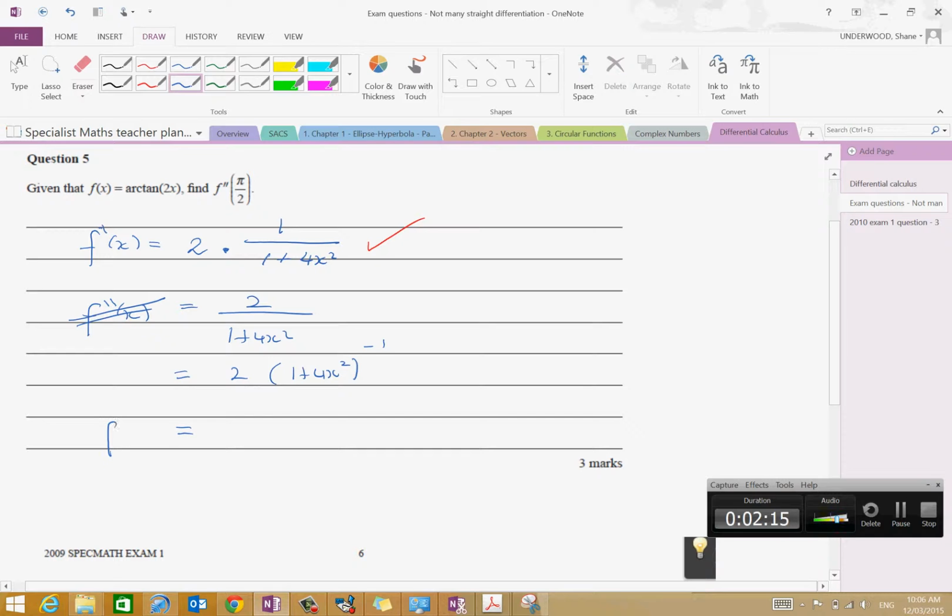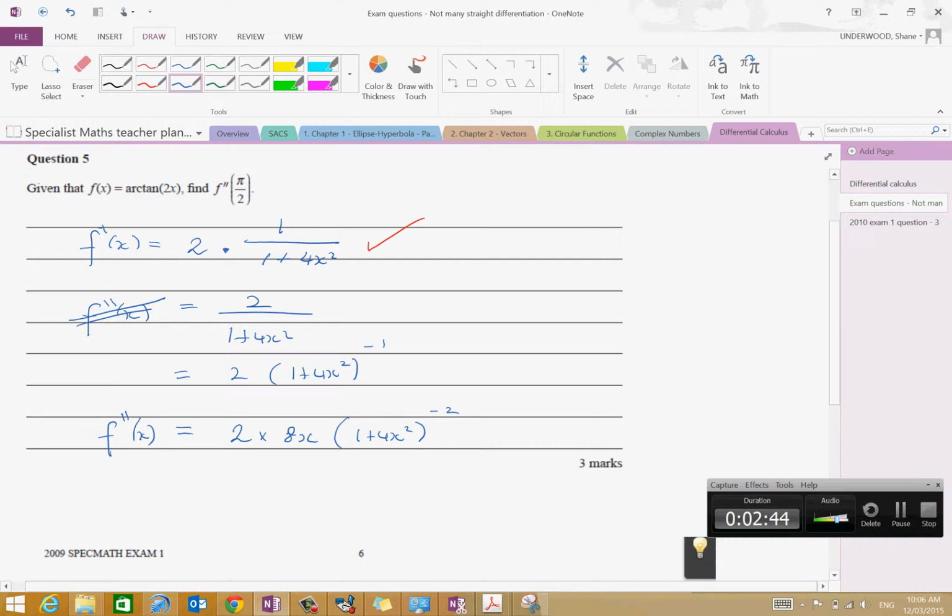We therefore say that I'm going to do f double dash of x. Now you can do this without showing your working, all right? Because they know that you're applying it. The derivative of 1 plus 4x squared using the chain rule is 8x, okay, 8x times the 2, and then that is 1 plus 4x squared to the negative 2.